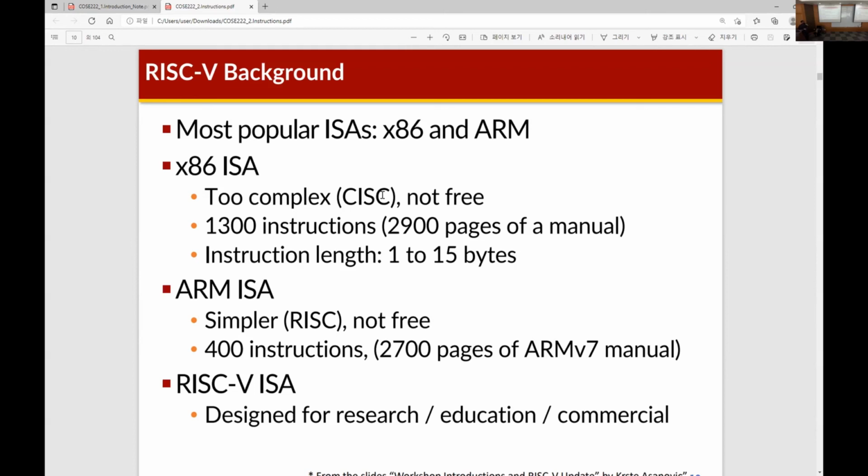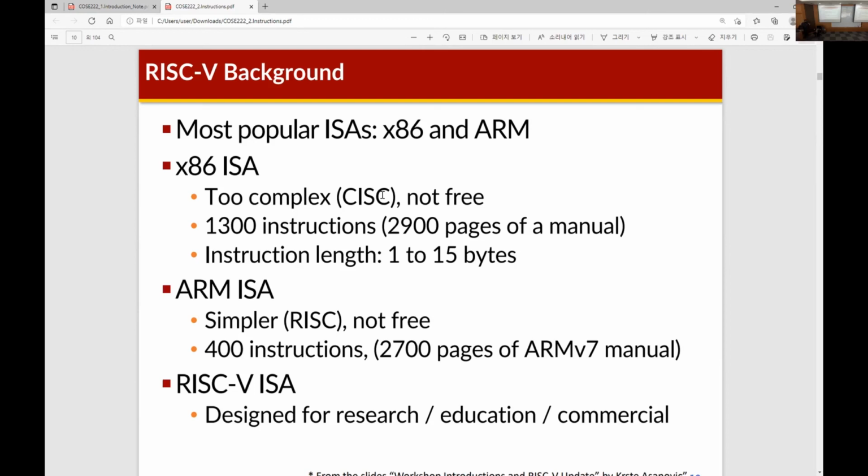There are some features of the RISC type ISA. It's simpler than CISC, and the instruction length is relatively fixed, so the instructions have the same length. Some instructions have shorter length, but usually instructions have the same length for the RISC type ISA.